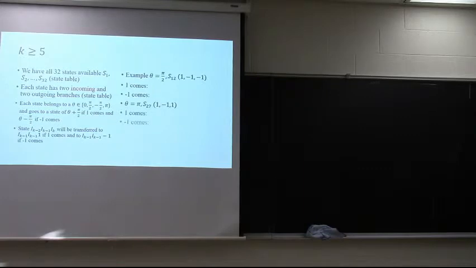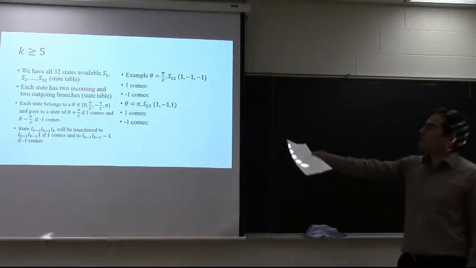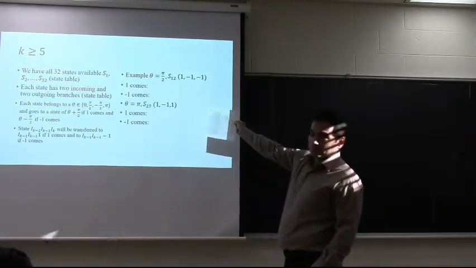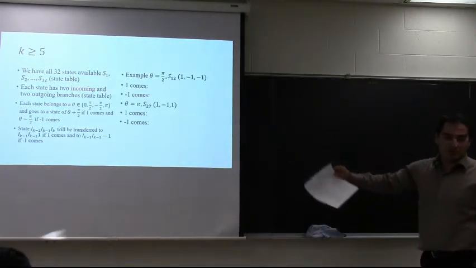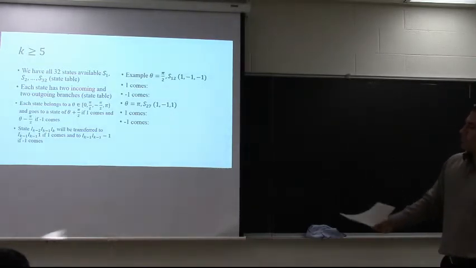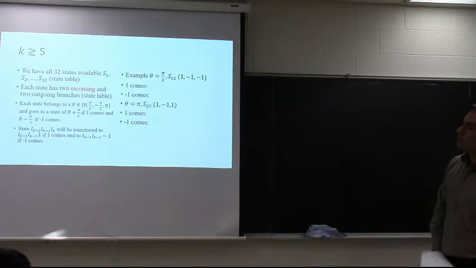And this one is also 1 and minus 1 comes, but could you please give me the incoming branch of this state? Which branches? Do not look at your table, please. This one is very important.